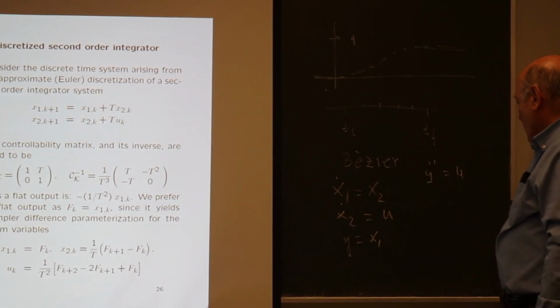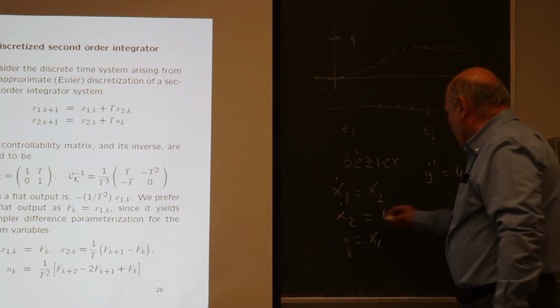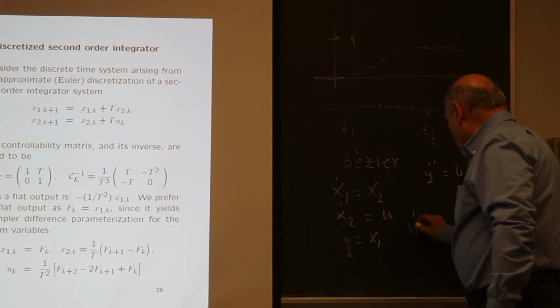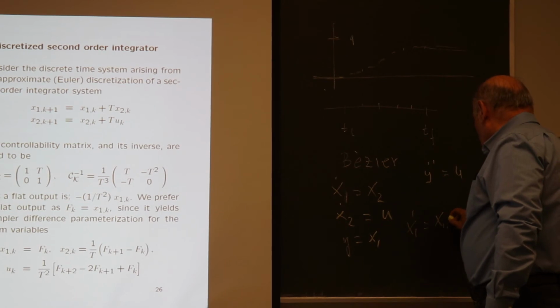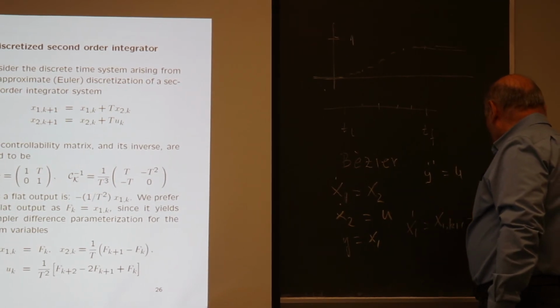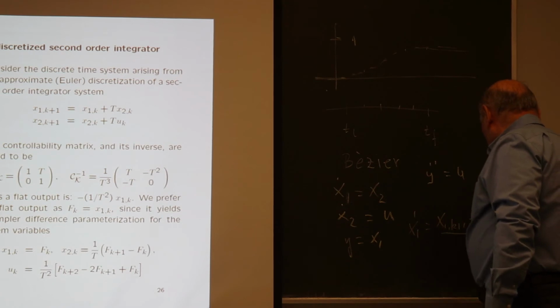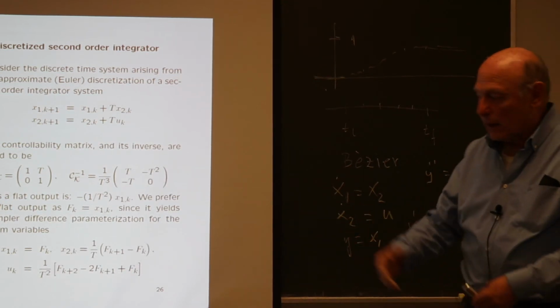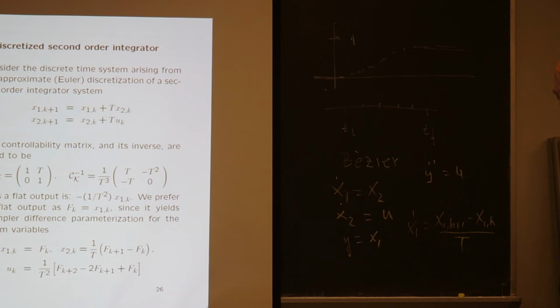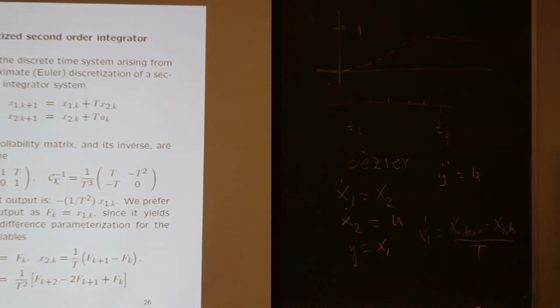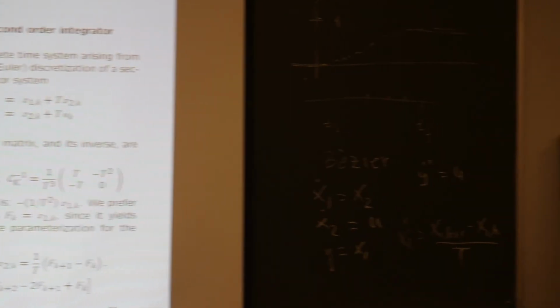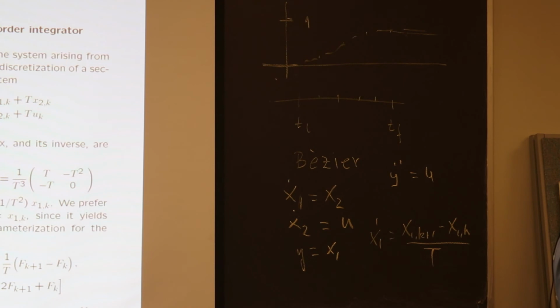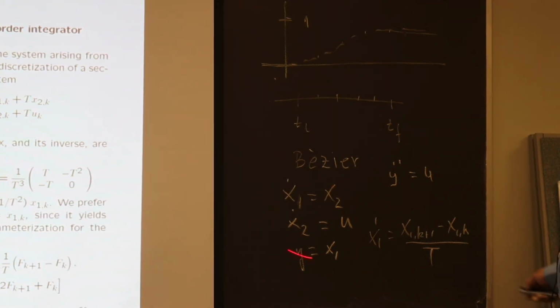So it's a very simple second order equation. When you do the Euler discretization, you approximate x1 dot by this forward difference, x1(k+1) minus x1(k) divided by T, where T is your sample time. So this is an approximate model of this differential equation, of this linear system. This being approximate is obtained simply by approximating the derivative in this manner.